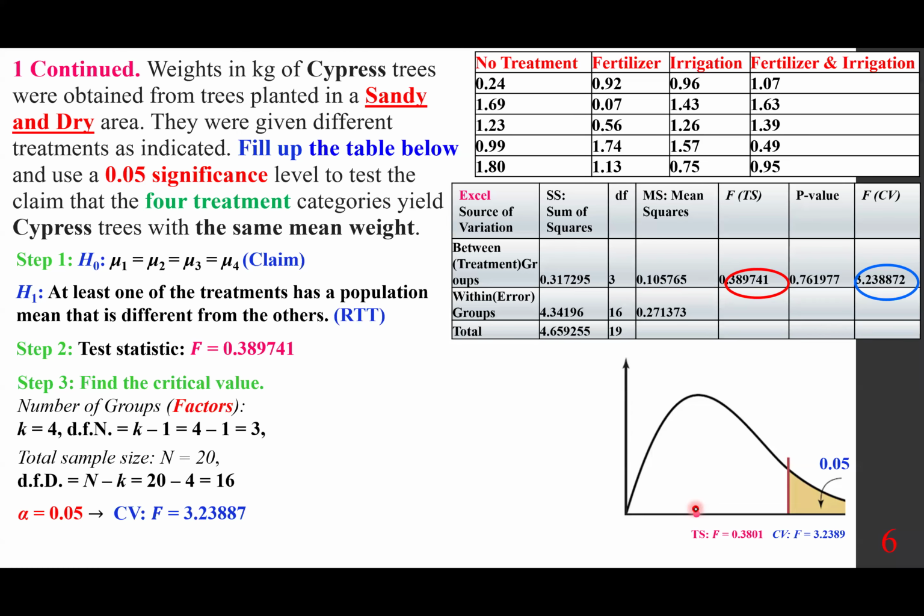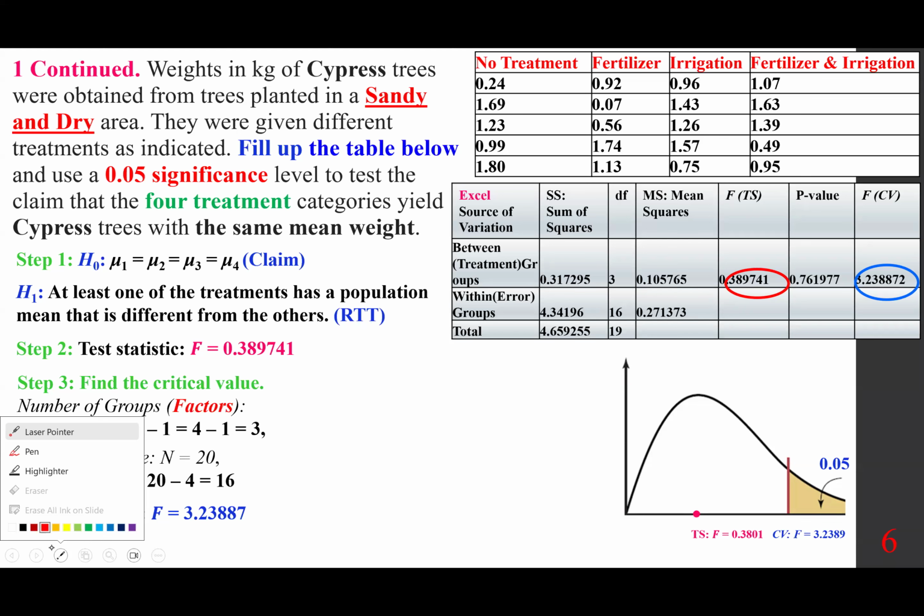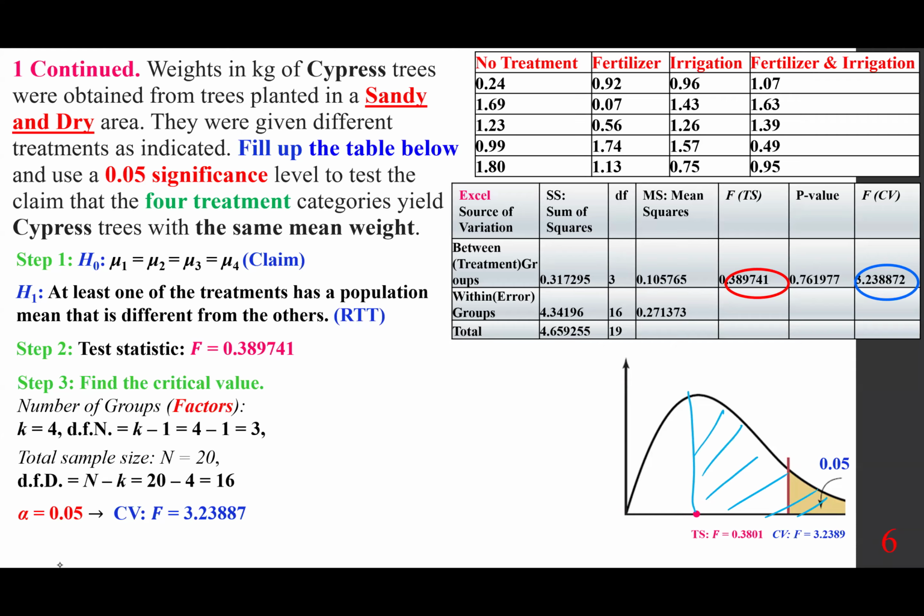And if we were to do the p-value, by the way, it would be this area, the area to the right of test statistic, F equals 0.3801. And that p-value, again, the technology has given it to us, which is larger than alpha 0.05. Both of them, whether we go with the critical value versus test statistic, the traditional method, or the p-value method, we get to the same result and fail to reject H0.